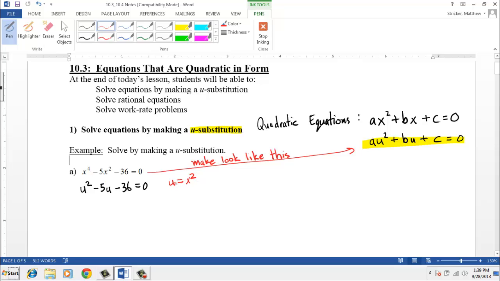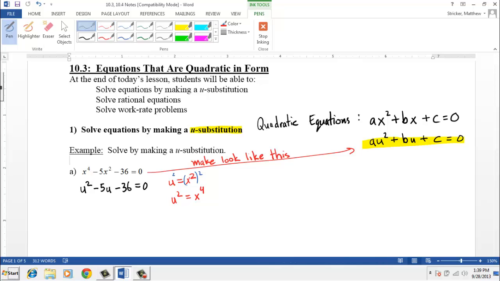And then of course if I square both sides, if I were to square the U and square the x squared, then this becomes U squared equals x to the fourth. And notice that matches with our substitution as well, because then this U squared right here would turn into x to the fourth.